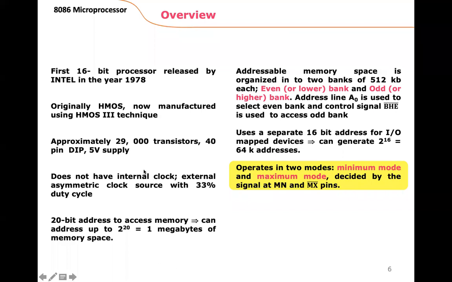And how many pins? 40 pins. And Pentium, 370 pins. Okay, Pentium 1. So how many volts? This is 5 volt supply.